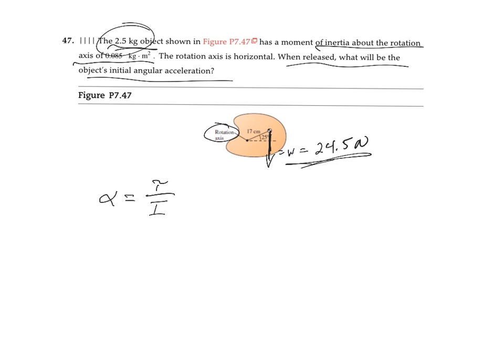But it hits this axis of rotation at a straight line down, and I need to find my radius, which is going to get a little crowded in here. The radius is that dotted line of that triangle. The 17 is the hypotenuse. So I need to find the radius with SOHCAHTOA.